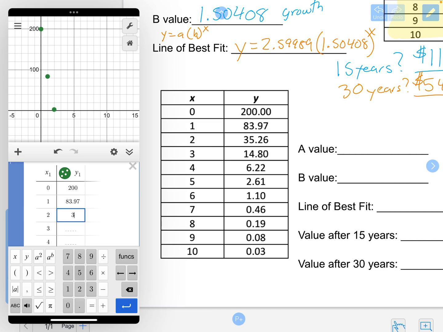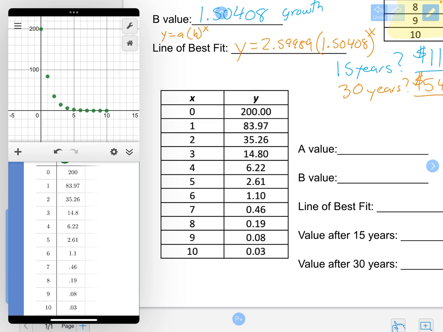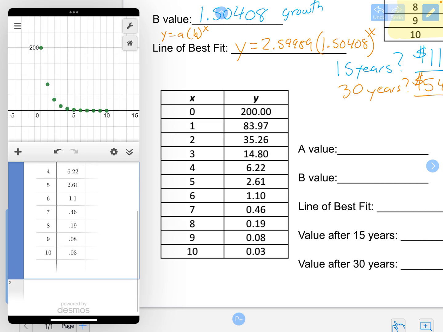Ooh, this is a decay graph. 35.26. 3 is 14.8. 4 is 6.22. 2.61. 1.1. 0.46. 0.19. 0.08. 0.03. So again, we can hit that zoom in feature and zoom into our data.